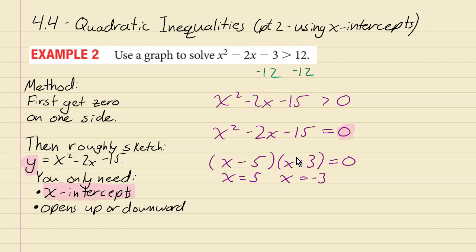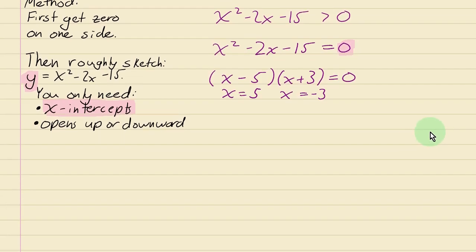So what that means when we make a rough sketch of it is that it gives you values of x where it crosses the x-axis. So x equals 5 is here. It has that point and the point negative 3, 0. And we also need to know, does it open upwards or downwards?